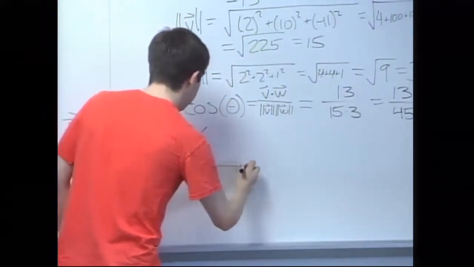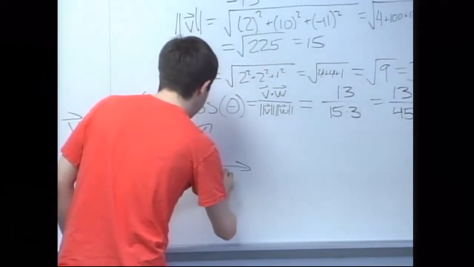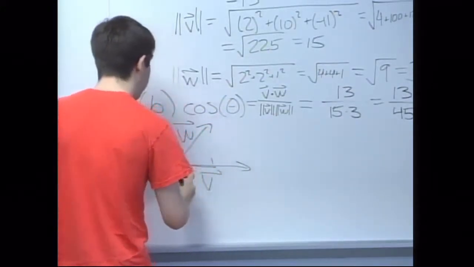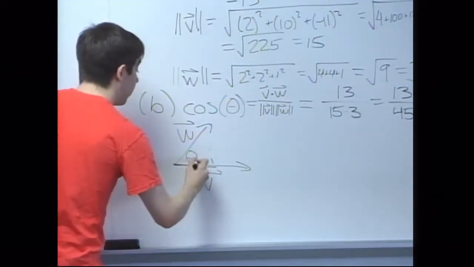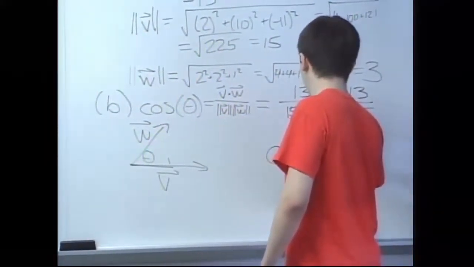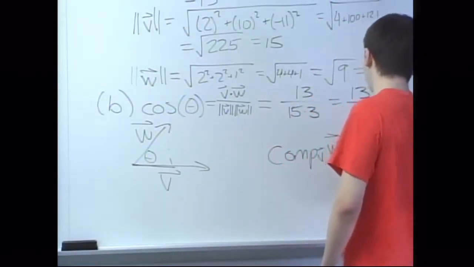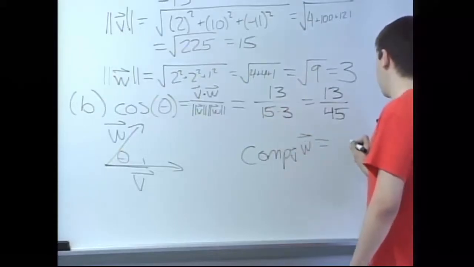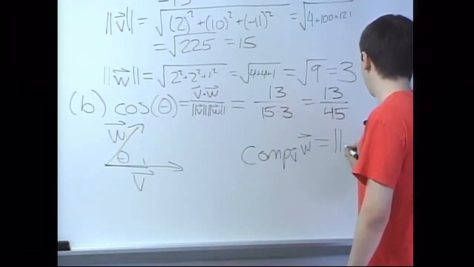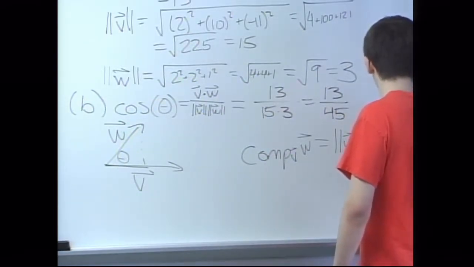So, this is vector w, and this is vector v. We want to find this length right here. So based on theta, we know that this component of vector w onto vector v is equal to the magnitude of w times the cosine of the angle between them.